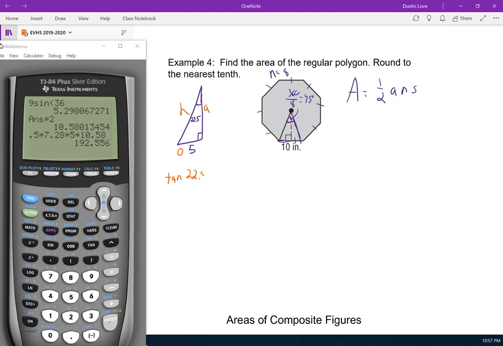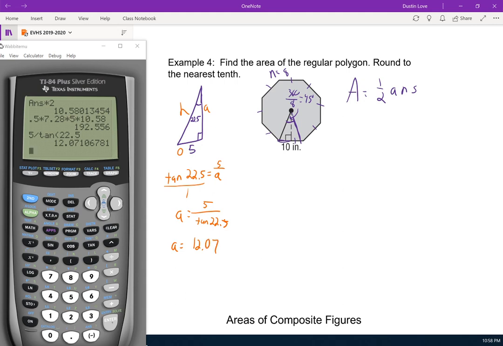Tangent of 22.5 is equal to opposite over adjacent, or 5 over A. We're going to cross multiply and divide, which gives me A is equal to 5 divided by tangent of 22.5. So my apothem is equal to 12.07.